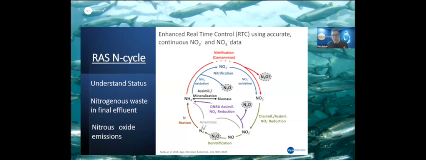We've had some customers who are looking down the road at whether they can mitigate their nitrous oxide emissions within RAS. And by having the real-time nitrite and nitrate data, that again gives a good understanding and improved status information on the potential for nitrous oxide emissions.